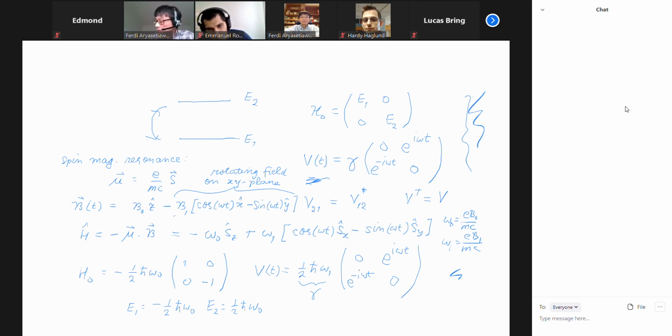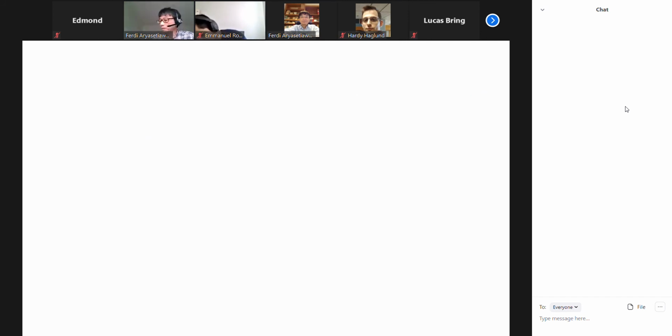Okay, so now let's start to solve this. We use the first order differential equations that we worked out before. We look at the first coefficient, C1. C1 of course depends on time, but I just dropped the time dependence here, so it's cleaner to write.